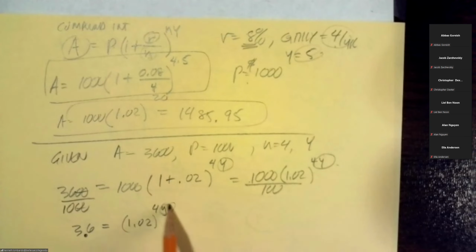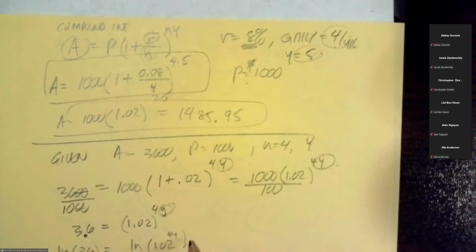Well, let's see. If I want to solve for this exponent, I might want to take the log of each side. I could take the ln of 3.6 equals the ln of 1.02 to the 4y. This becomes a multiplier. 4y times ln of 1.02.